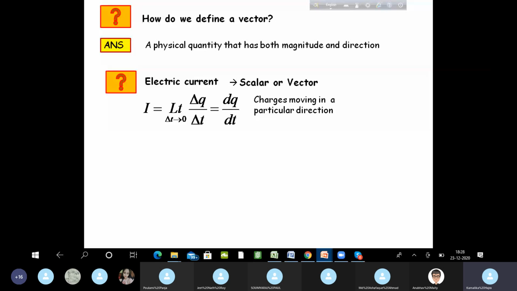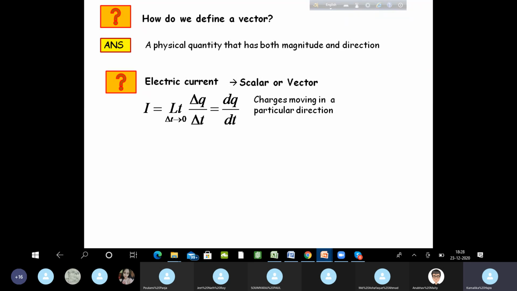Electrons move from the point where there are more electrons to the point where there are fewer electrons. But conventionally, we take the direction of current in the opposite direction. So definitely there is a direction associated with the flow of charges. We have charges moving in a particular direction and current moving in the opposite direction.